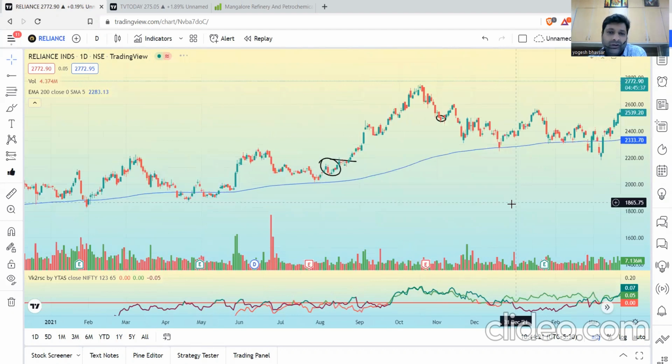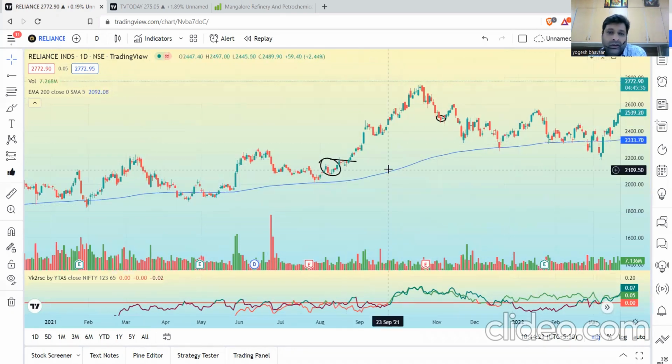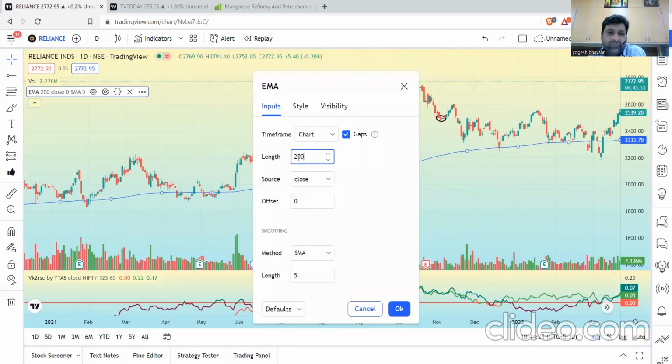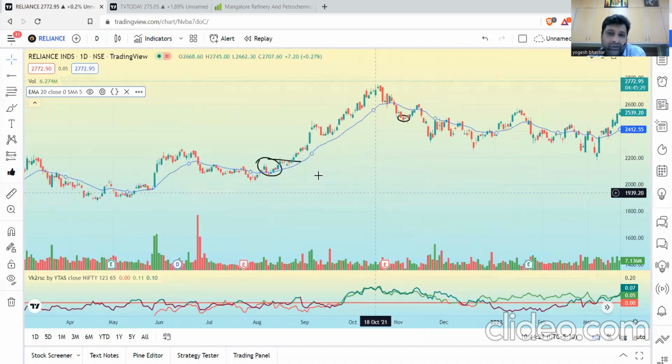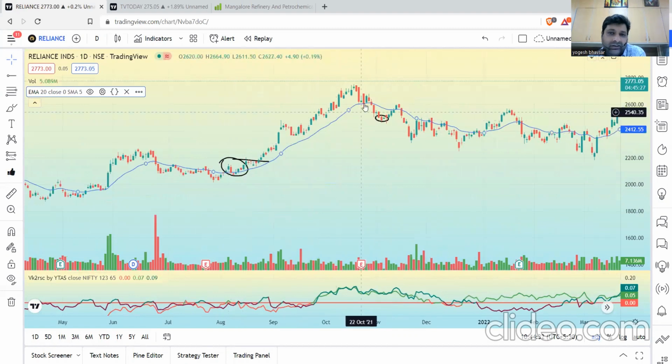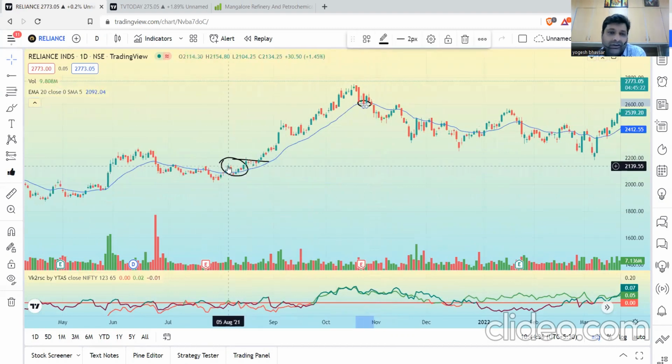So this is a little bit of a long term EMA. The people who are very aggressive keep it at 20, so you get early entries and early exits. If you would have entered at some place around 2130, your exit would have been approximately around 2600.